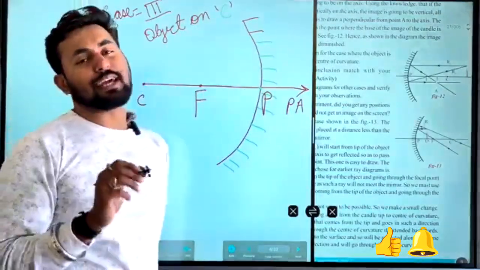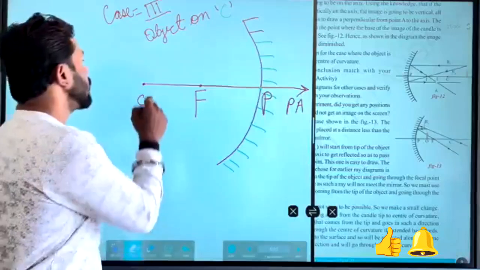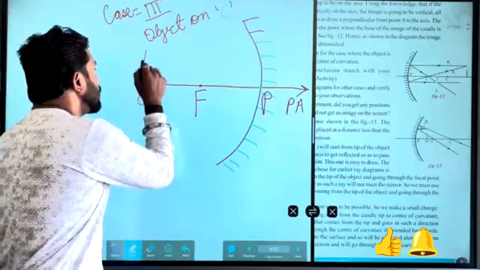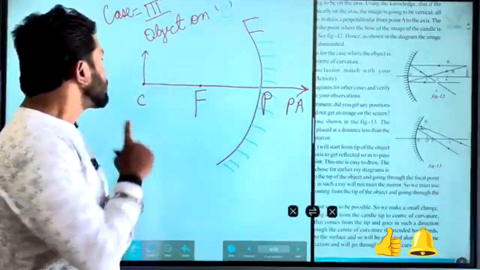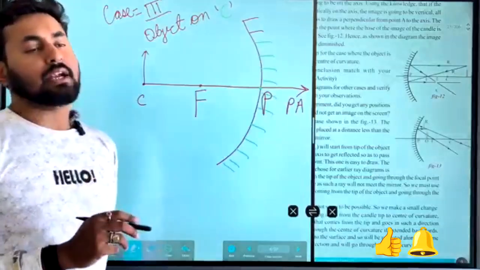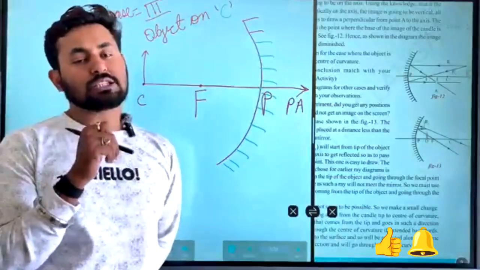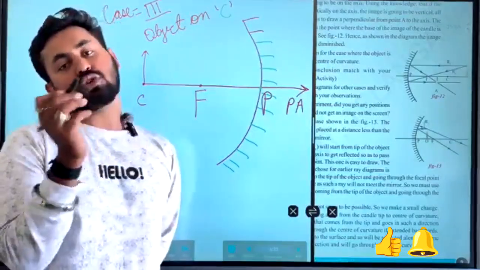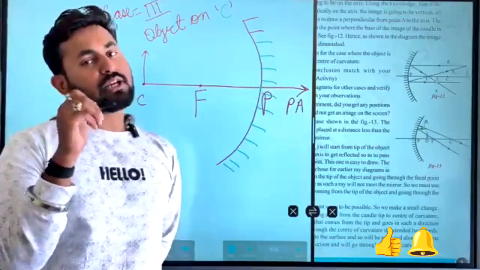Let's say you have taken the object size as 2 centimeter. This diagram is tricky, so you can first draw the image, then draw the ray diagram. It depends on you.